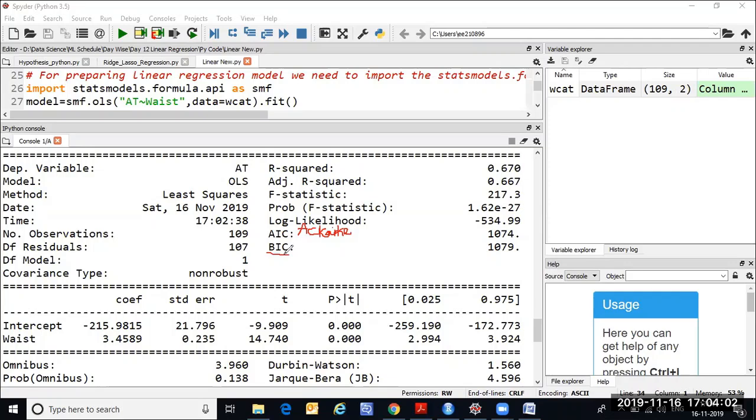So whenever you are comparing multiple models, that's when these measures will be handy. Whichever model has got the least AIC and BIC values tends to give the best performance. So for selecting a model out of the stack of models, that's where these values will be really useful, the AIC value and BIC value.